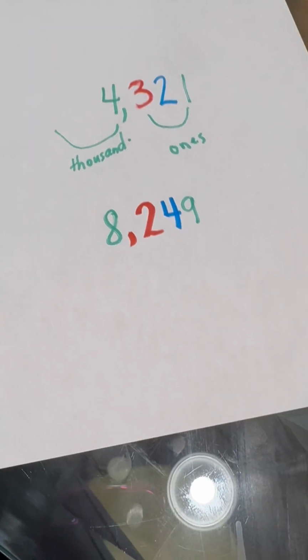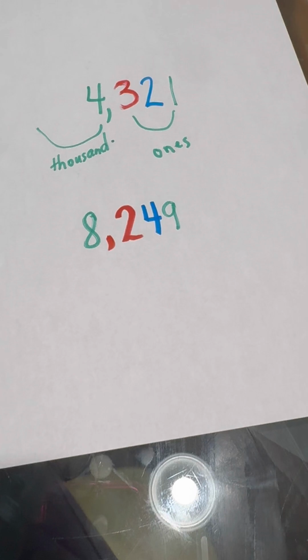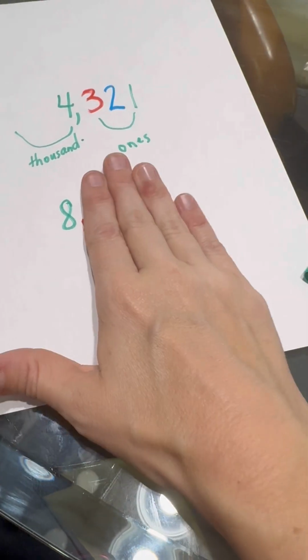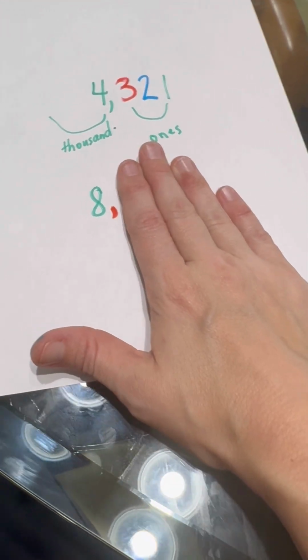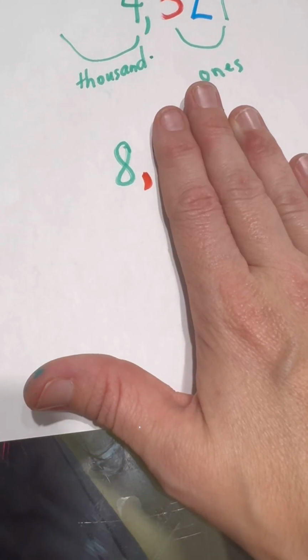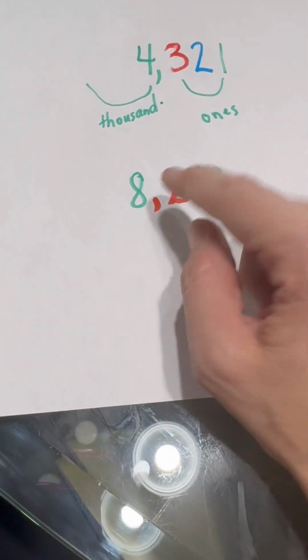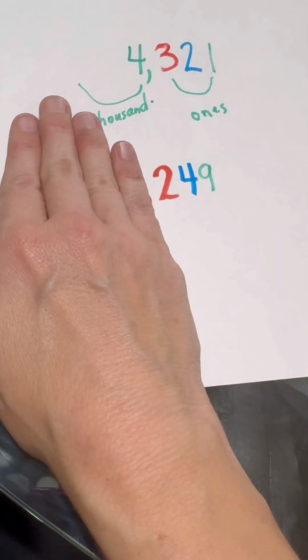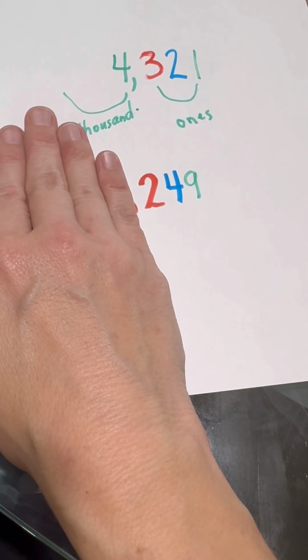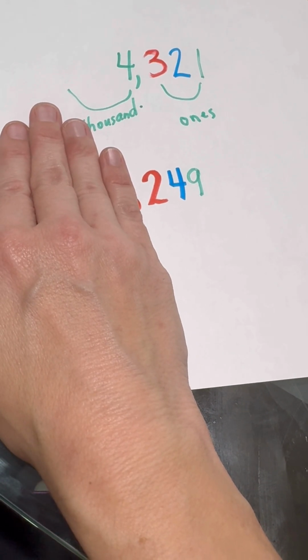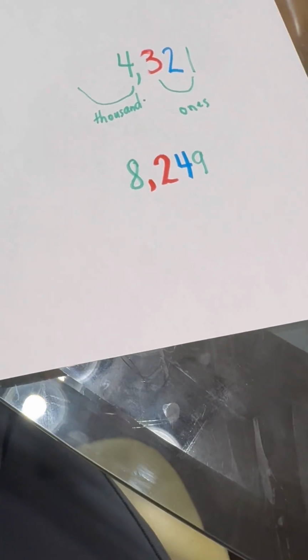So how to read this number. You're going to cover everything after the comma. How would you read that number? 8, and then you see the comma, you're going to say the period name. 1,249. Okay? Let's try something challenging.